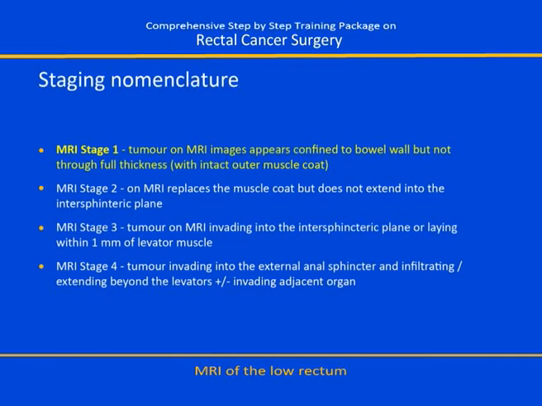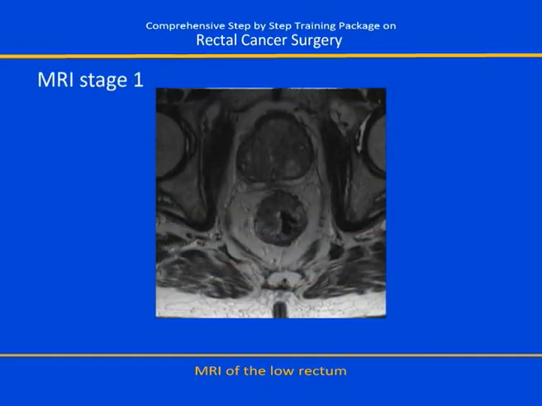So this sort of approach would apply to the MRI stage 1 or stage 2 tumours, where on the MR the tumour appears confined to the muscularis propria and does not infiltrate into the intersphincteric plane. And I'll show you an example of that. So here we have a T3 tumour.